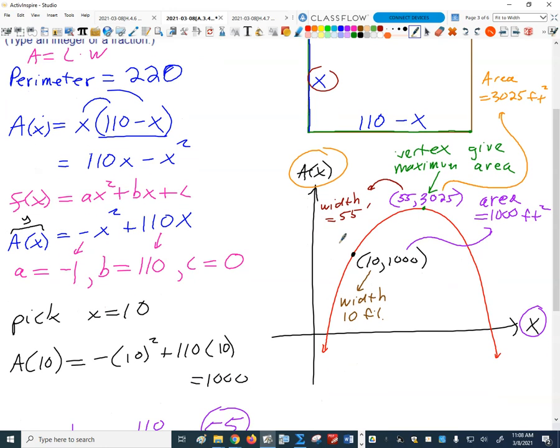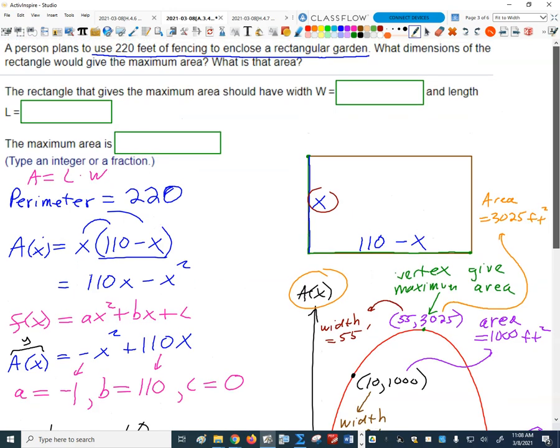We don't have to know anything else about this function. We know that the maximum occurs when the width is 55 feet and the biggest value the area could ever be is 3025.